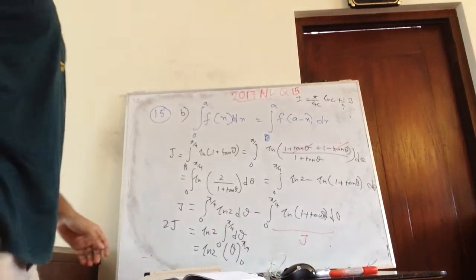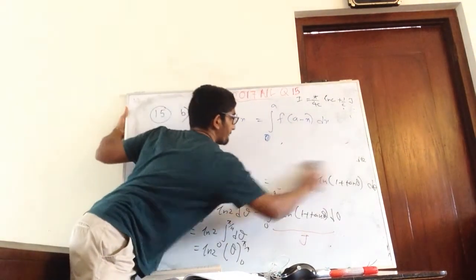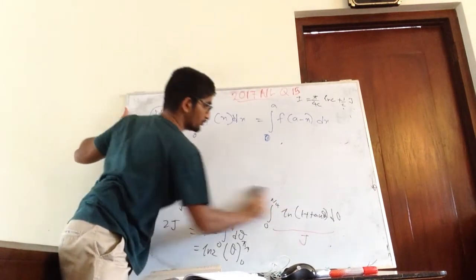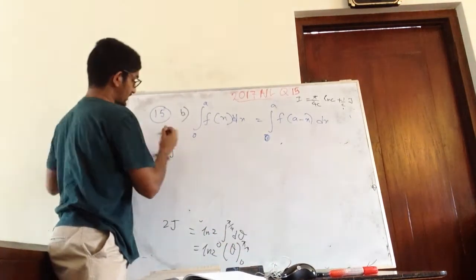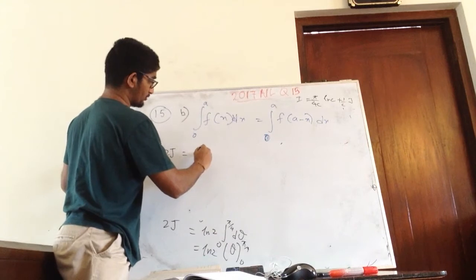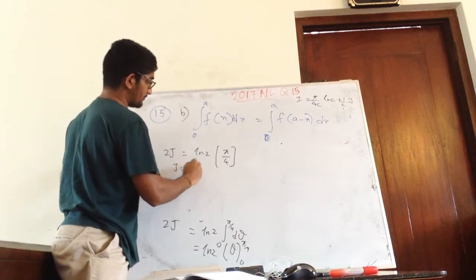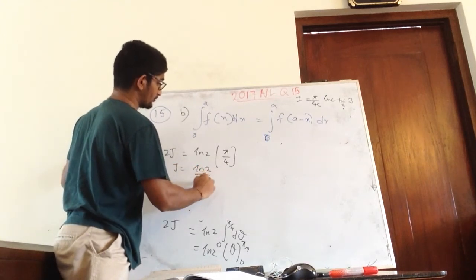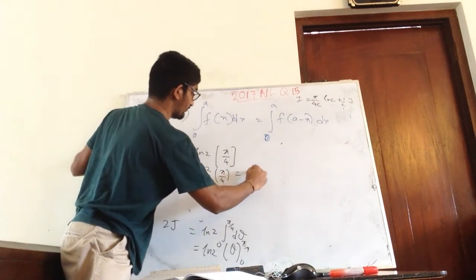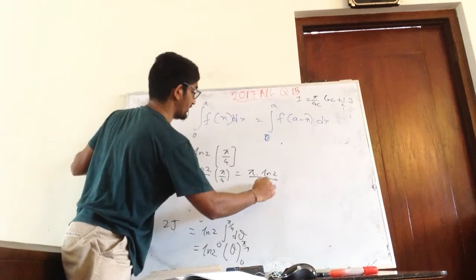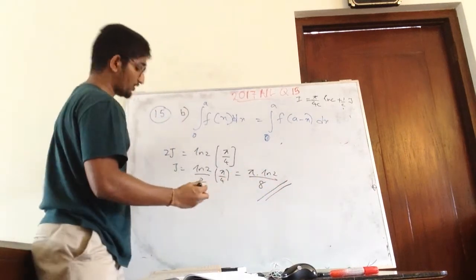So now you get 2j as ln 2 times phi over 4. So j becomes ln 2 over 2 times phi over 4. That means basically phi ln 2 over 8. Right? So this is the answer for j.